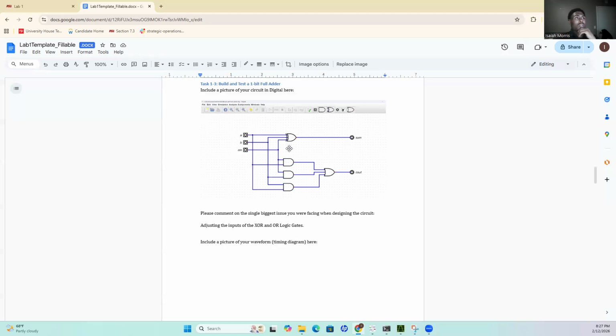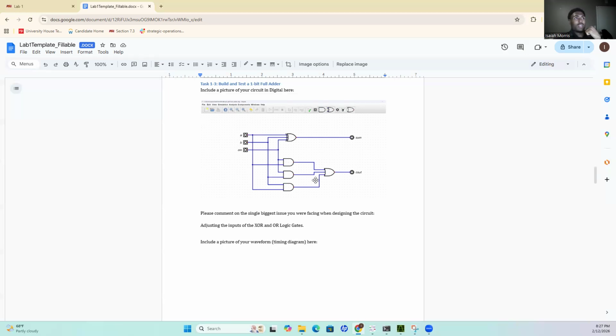A and B go into the XOR gate, and that's how you get the sum. And for carry-out, you can either go with A and B through the AND gate, or you can go with the carry-in and the AND gate, and then you can go with A XOR B.